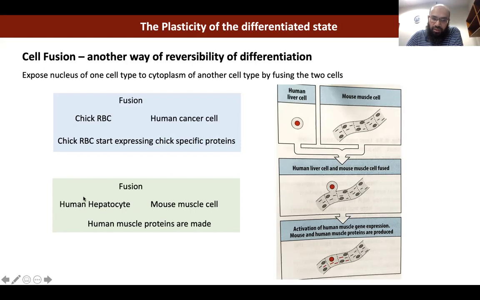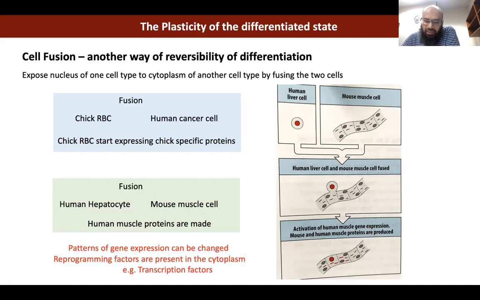They were normally repressed, but when they were exposed to the machinery of the mouse muscle cell, the human muscle proteins started to be made. And this was yet another example of reversibility of differentiation.